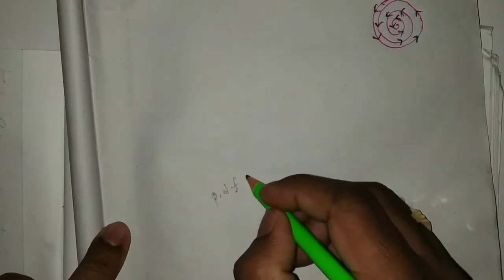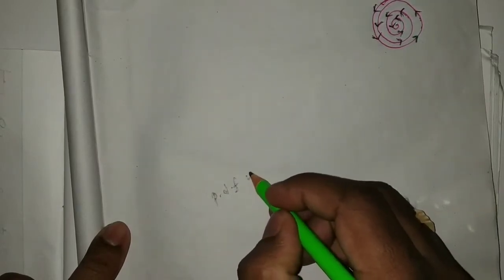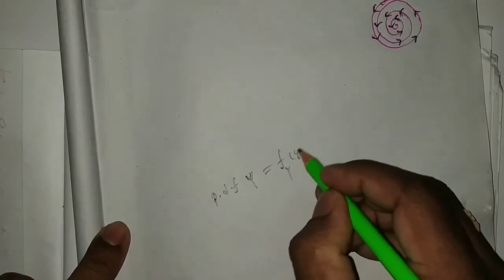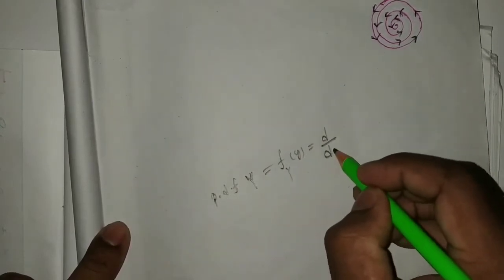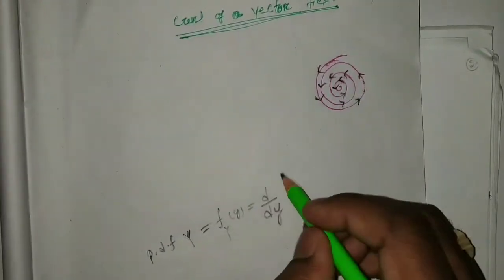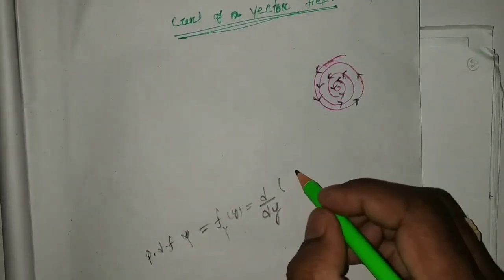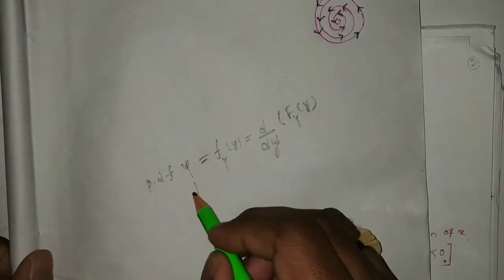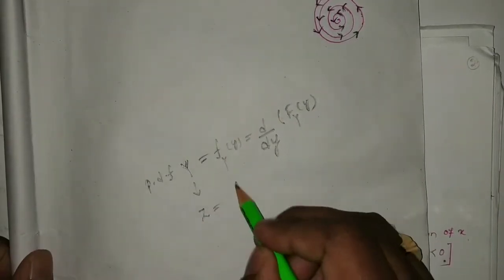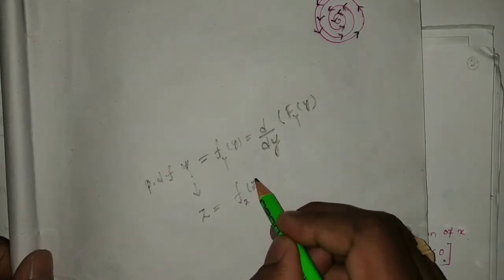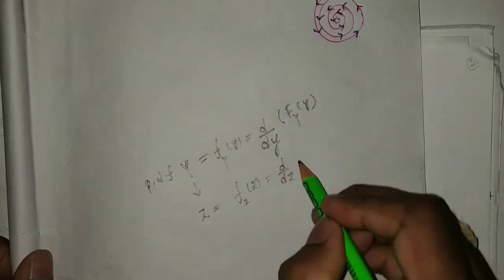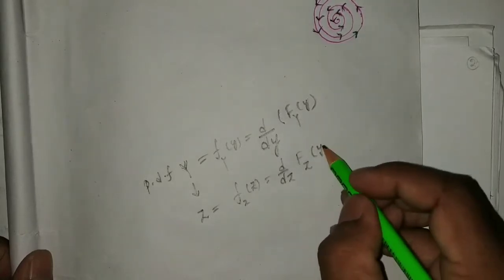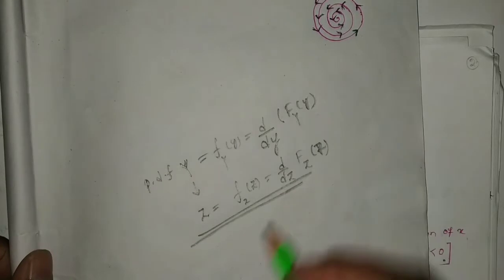the PDF of any random variable, suppose y, is f_Y(y), which is the differentiation with respect to y of its distribution function F_Y(y). If instead of y we consider z, then it will be d by dz of F_Z(z). These things we already know.